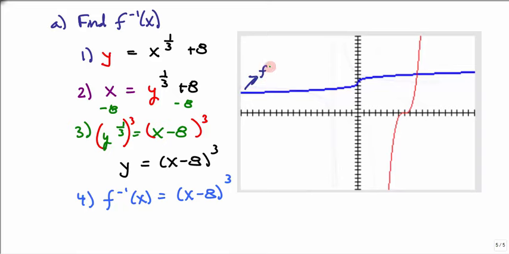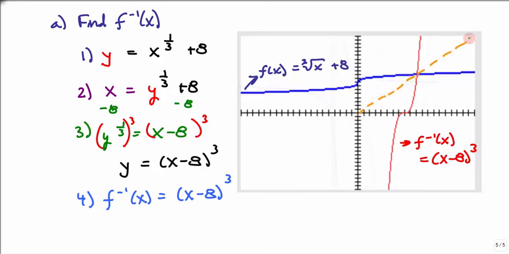So this is f of x equals the cubic root of x plus 8. The red is my inverse. This is f inverse of x equals x minus 8 quantity cubed. Now notice these are reflective about the y equals x line that bisects the first and third quadrants. So you should be able to look at the graphs that they're given and see which one matches that best.